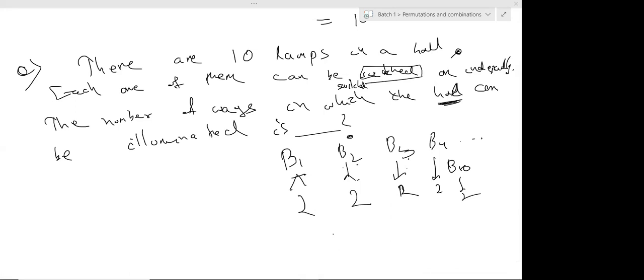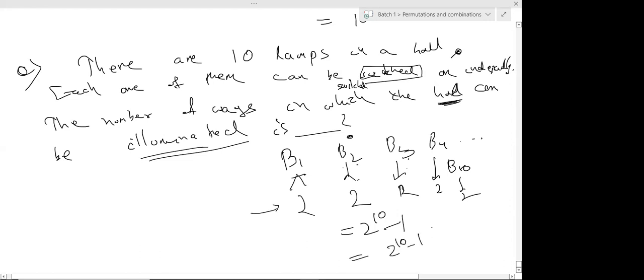Yes, sir. So what will be the answer? 2 raised to the power 10. But again, the room has to be illuminated, and from the options we counted, minus 1. Minus 1, absolutely right. So this is the answer.